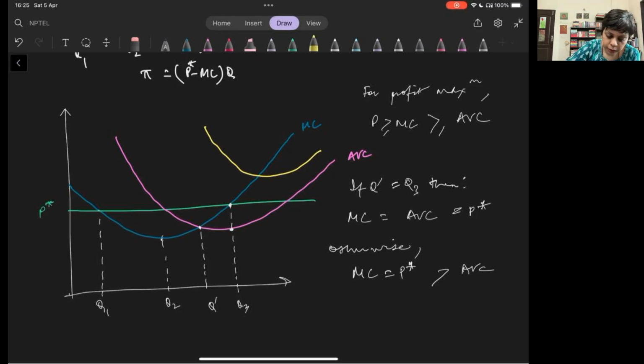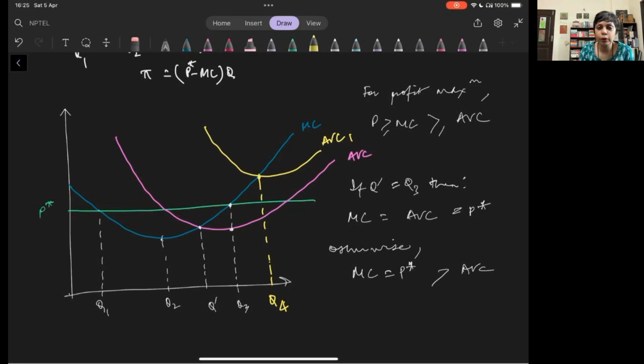Suppose this is the average variable cost curve, let's call it AVC1, not AVC, and this point is some other point, Q4. Then the firm is not going to be able to maximize profit at all because the firm's average variable cost is higher than the price.